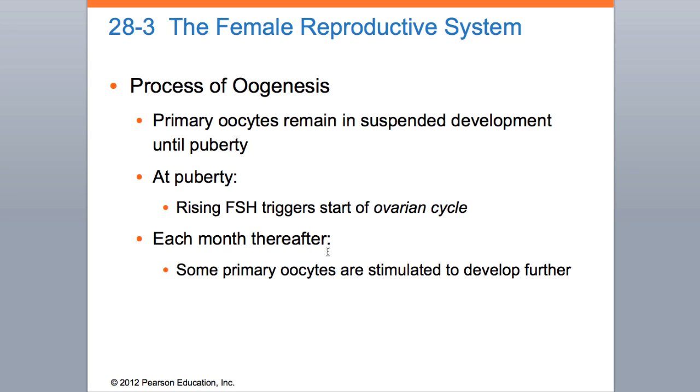And every time there's a rise in FSH in the ovary, a new egg will start the process that you saw a moment ago on page 1051. So that process, going from what the picture shows, egg nest, germinal epithelium, to mature follicle, that bottom portion is happening because of FSH.